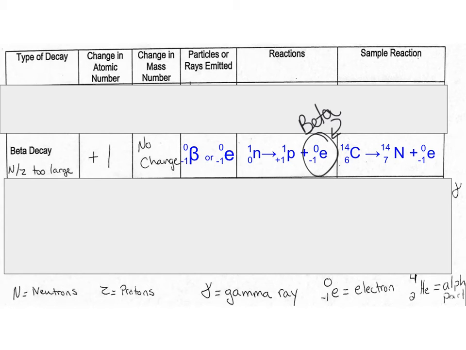To figure out what this actual element is, we look at our atomic number. I look up 7 on the periodic table, and that is nitrogen. And then I also need to have my little beta particle shown here, so my -1, 0, E. Again, we saw an increase of my atomic number by 1, mass stayed the same, and we saw a beta particle.